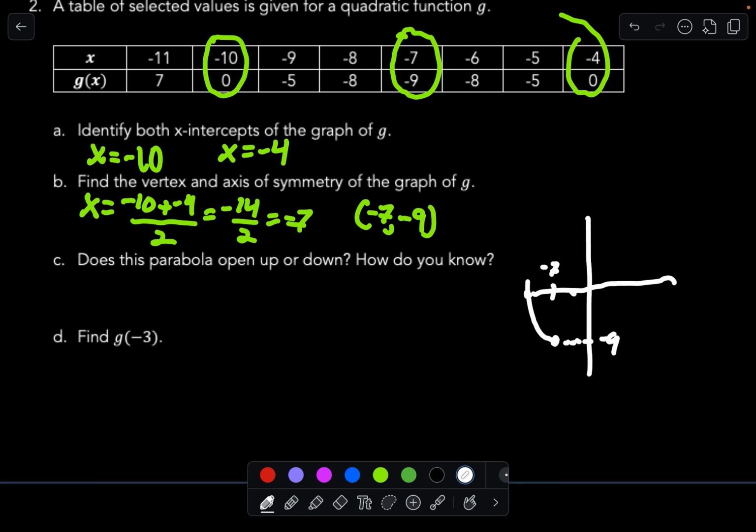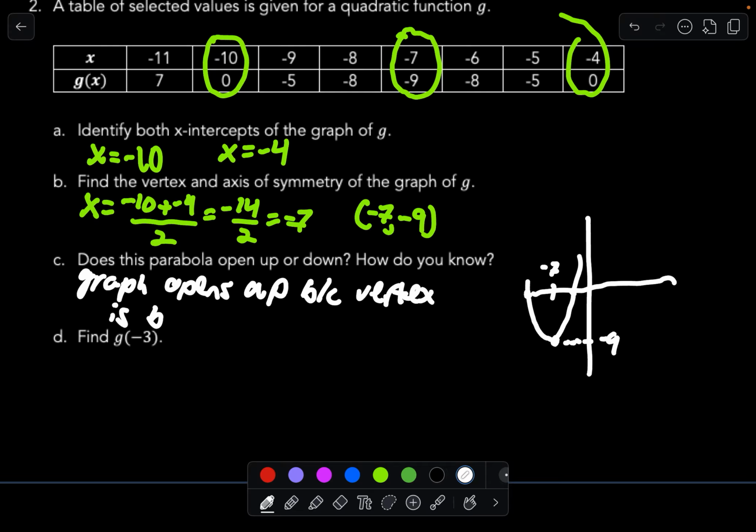The graph must be opening up because the vertex is below the x-axis.